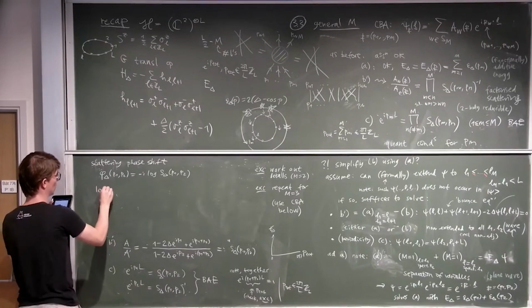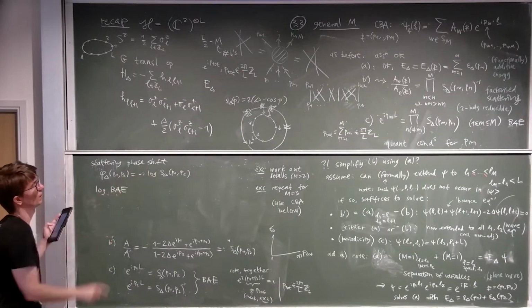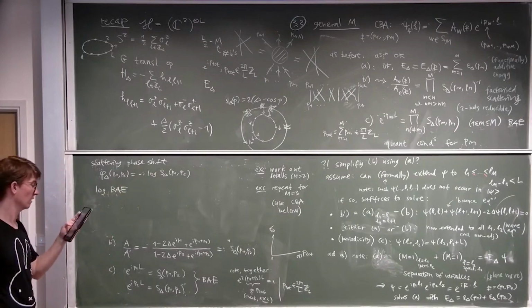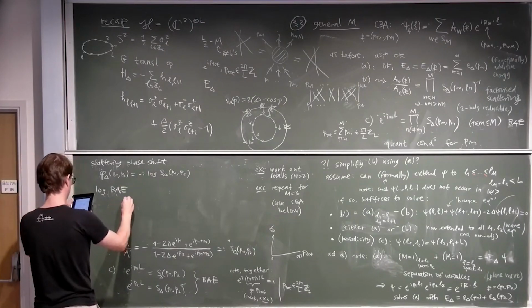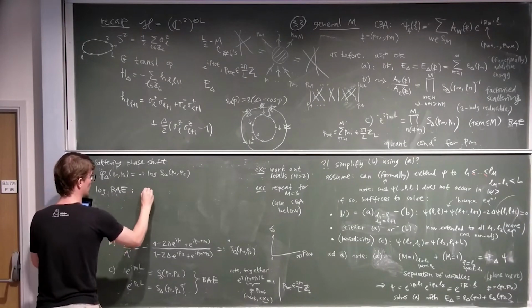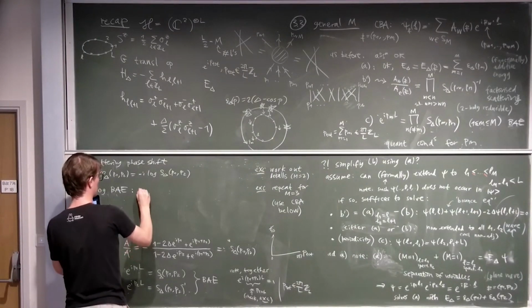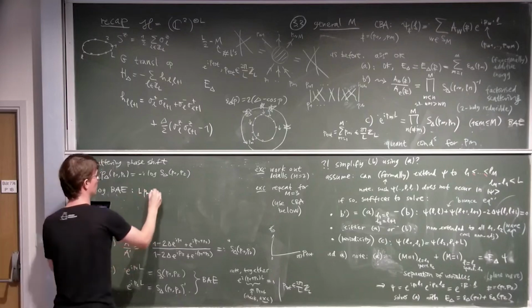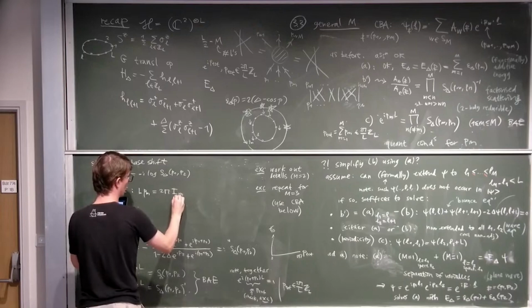Then we get the logarithmic form of the Bethe ansatz equation. So I'm going to take the logarithm of the Bethe ansatz equation, and then what I get is the following. Let me write it this way: p_m times L is equal to 2 pi times some integer which I call I_m.